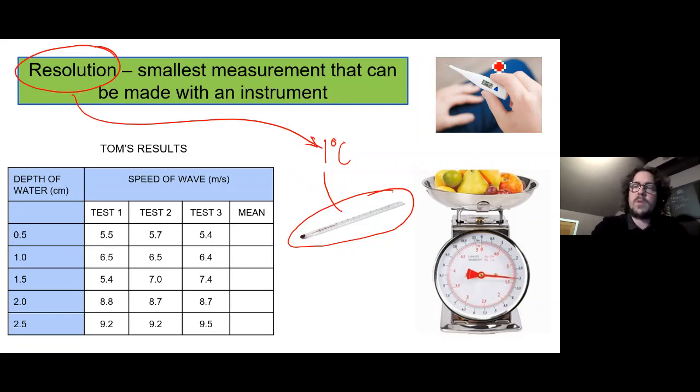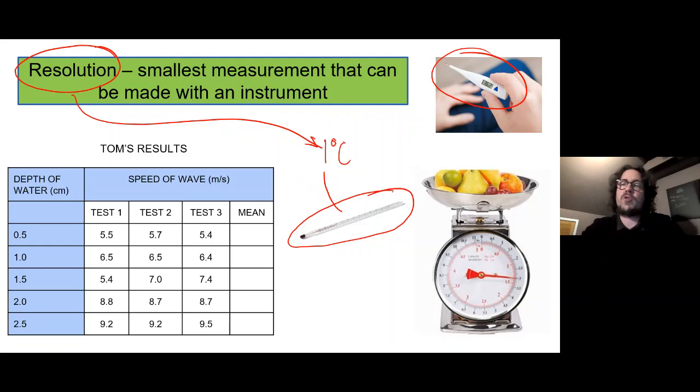However, up here, look, we've got a digital thermometer. And if you can see on your screen there, that digital thermometer, which would probably be used to measure a person's temperature, is actually measuring 36.2 degrees. Now, if we think about the resolution of that measuring instrument, then we've got to think about what the smallest measurement that could be made with that thermometer might be.